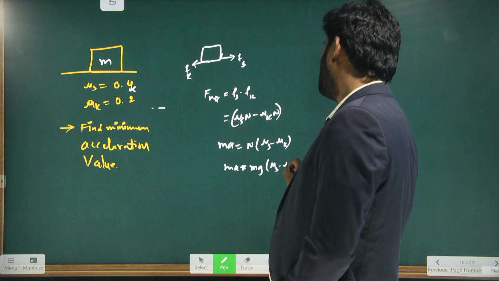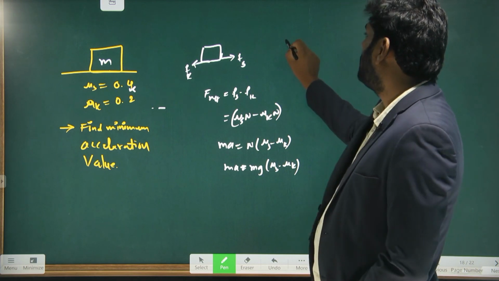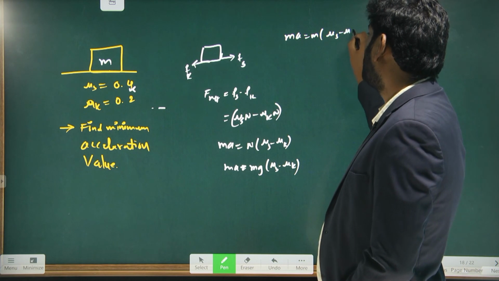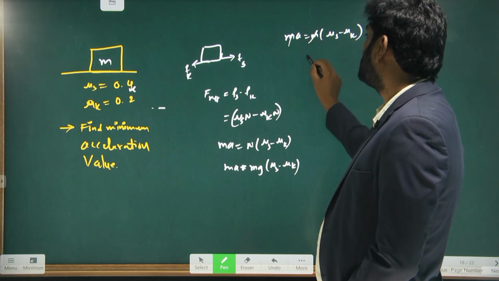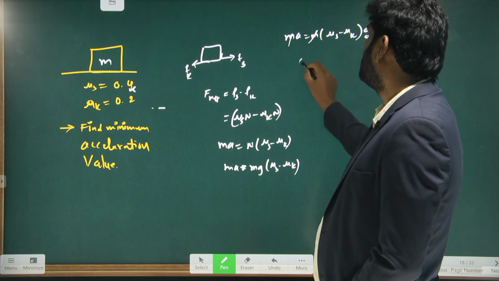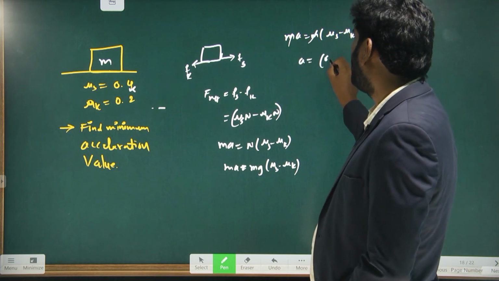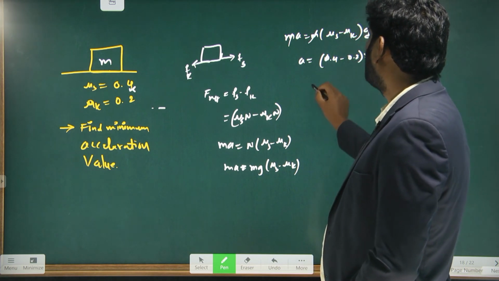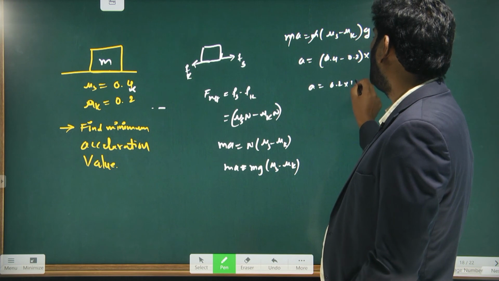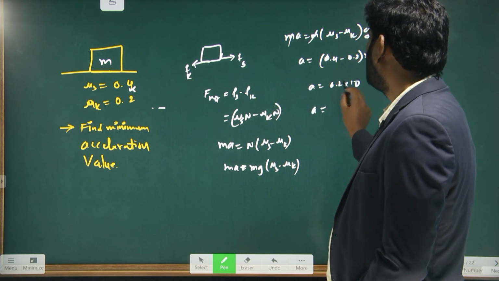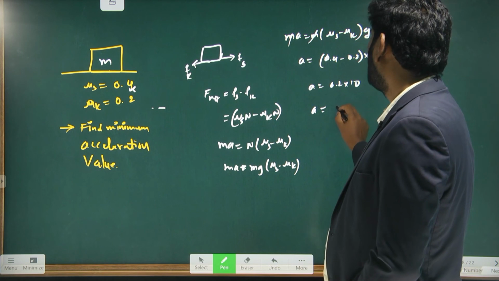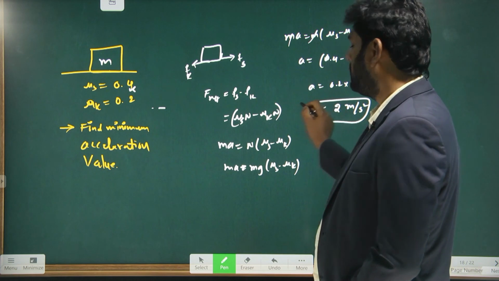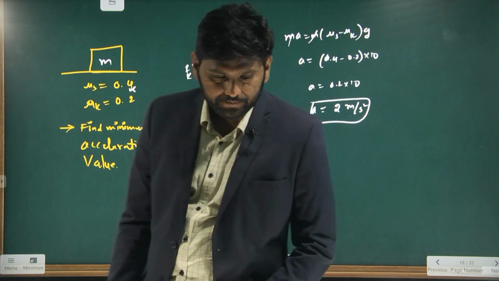So ma is equal to m times mu s minus mu k into g; m gets cancelled. A is equal to mu s value 0.4, mu k value 0.2, into 10. So 0.2 into 10. A is equal to 2 meter per second square, the minimum acceleration for the body.